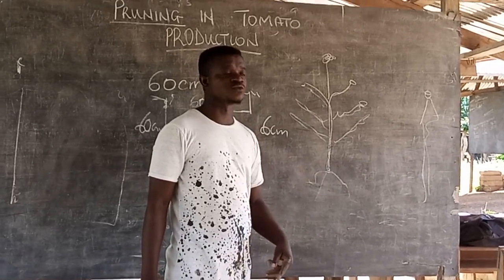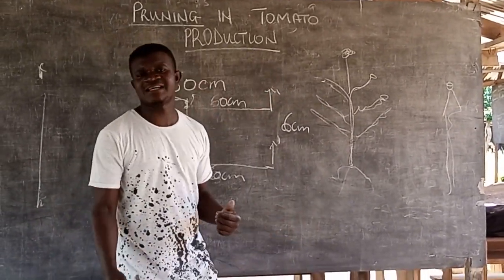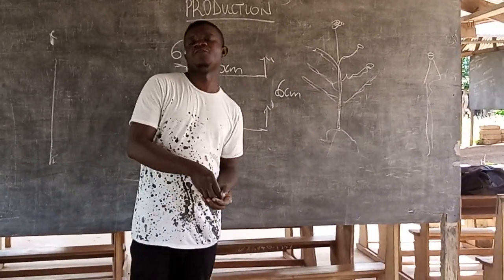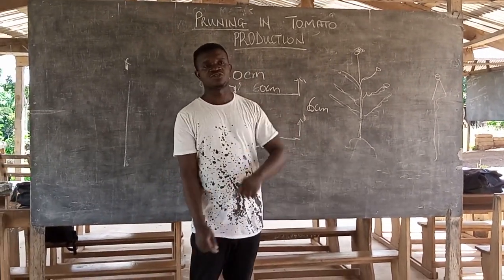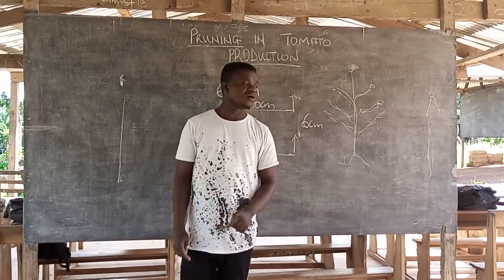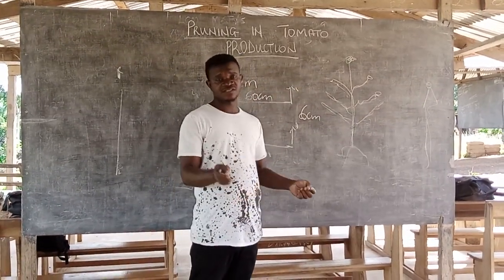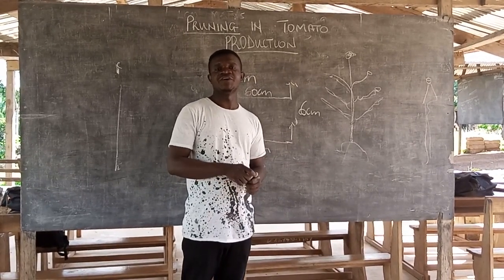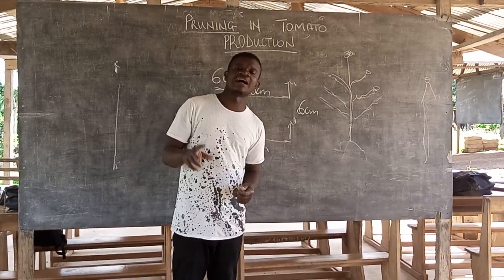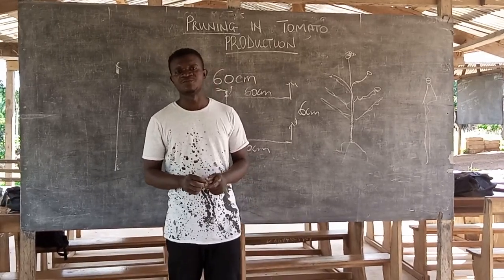And there are also certain leaves which are just on the plant without performing any serious function or giving anything beneficial to the plant. So it is necessary to remove all those branches and leaves to enable the plant to grow healthy and be able to flower and yield higher for optimum yield.